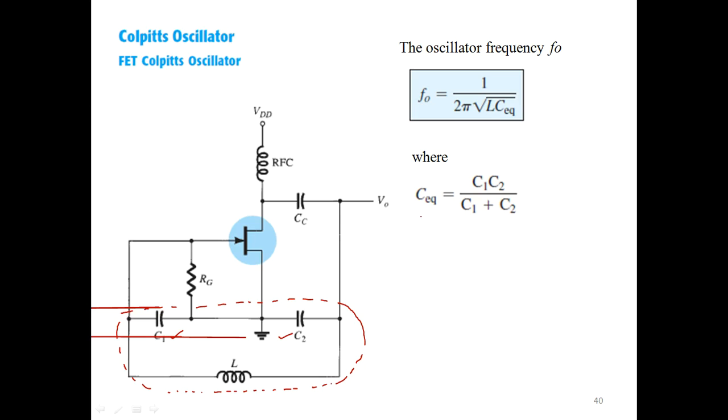The only difference is C equivalent is C1 C2 divided by C1 plus C2. Why? Because we know that the capacitors are in series. The series capacitors will be given as C1 C2 upon C1 plus C2, which is the C equivalent. And the frequency of oscillation is again 1 upon 2 pi square root of L C equivalent.